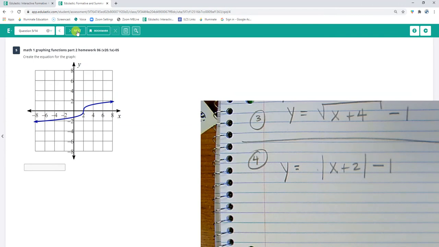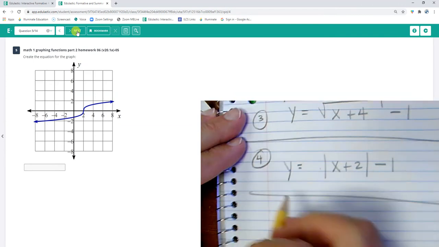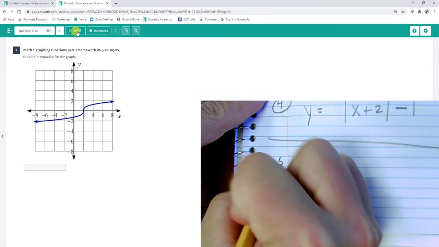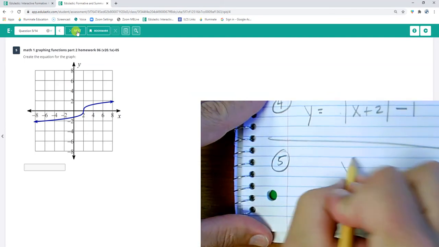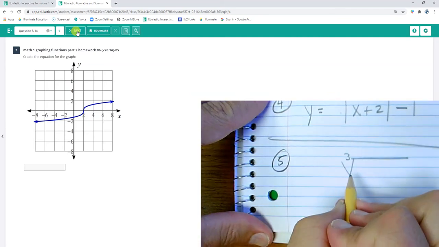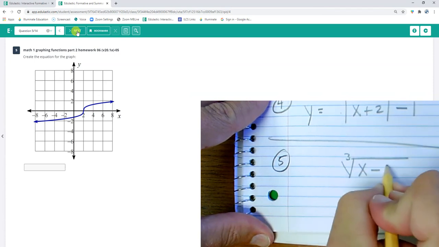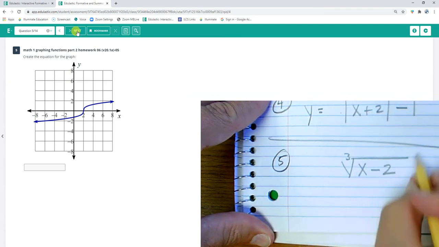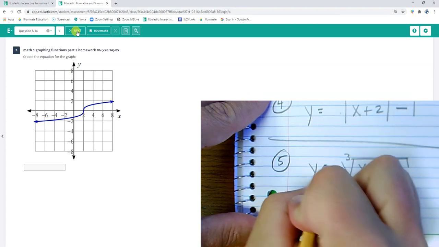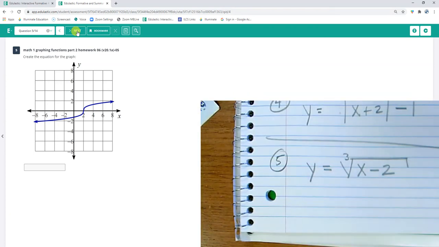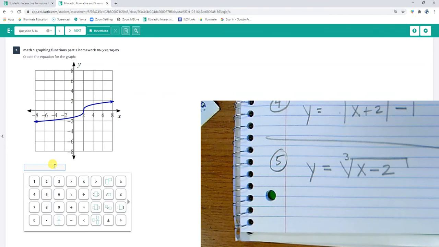All right, this is an S shape. So I know that's a cube root function. I know that it's going to move over 2. And it looks like it doesn't move down at all. You know, I think I messed up my other cube root one. I'll have to go back and fix that.